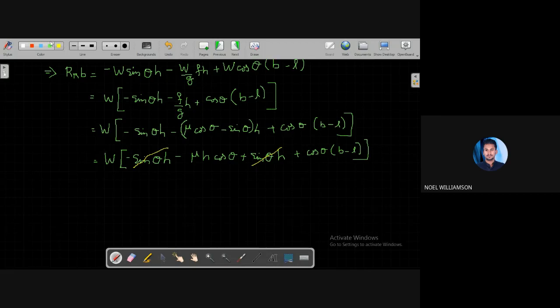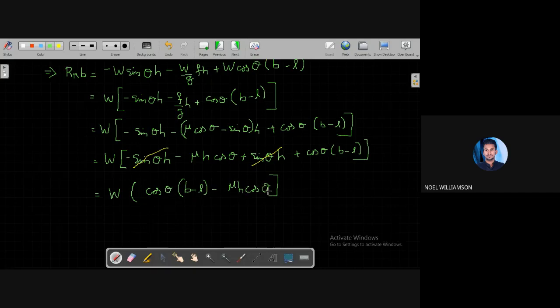So you will get the relation W into, on rearranging, cos theta into b minus l minus mu h into cos theta.